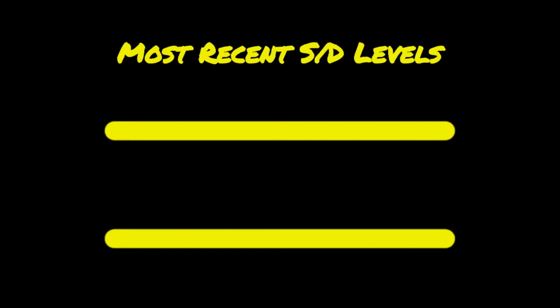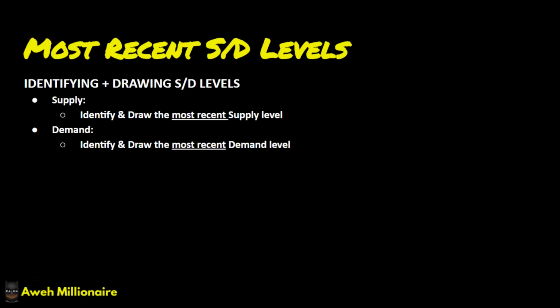We're looking at the demand levels, the most current, the most recent ones. So when we draw the supply, we always want to identify and draw the most recent supply level. When we are looking at demand, we always want to identify and draw the most recent demand level.